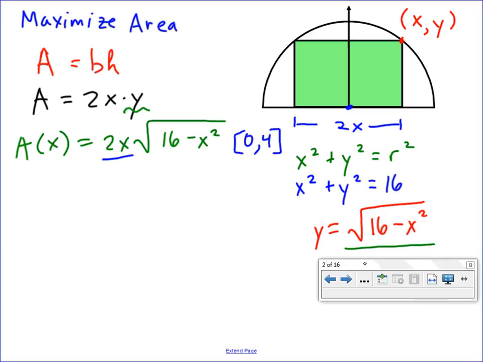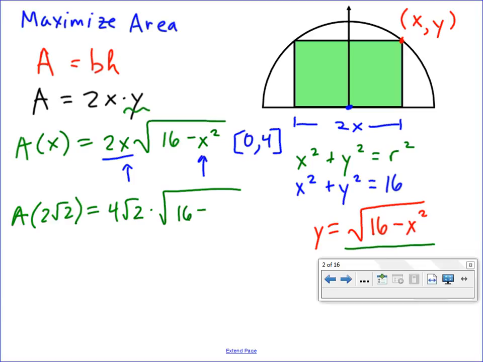So what do I put in? 2 root 2, I can put it in right there into my area function and see what we get. Yes? So 2 times 2 root 2 equals 4 root 2 times the square root of 16 minus 2 root 2 squared. That's going to be 16, and 2 root 2 squared would be 4 times 2, which is 8.